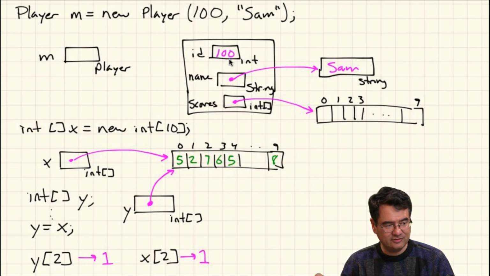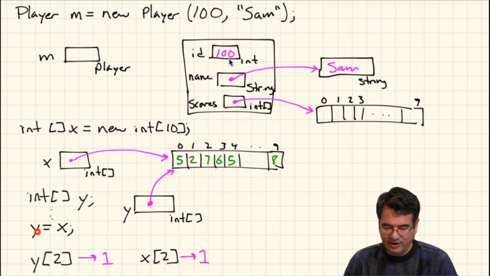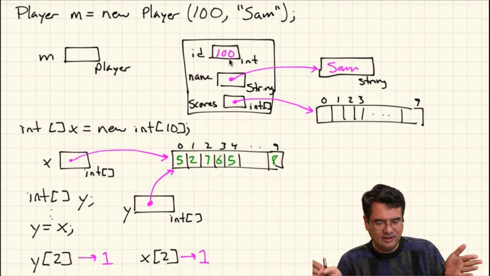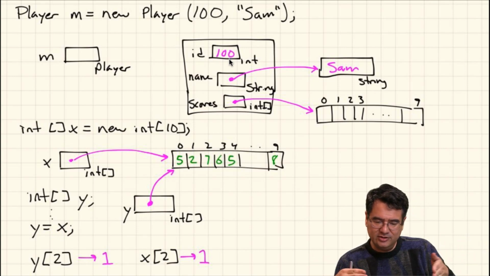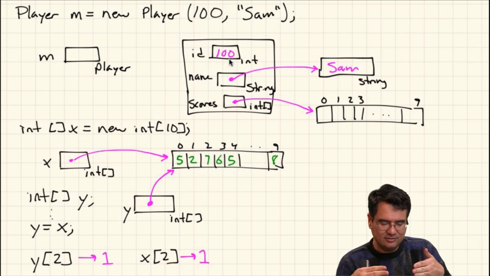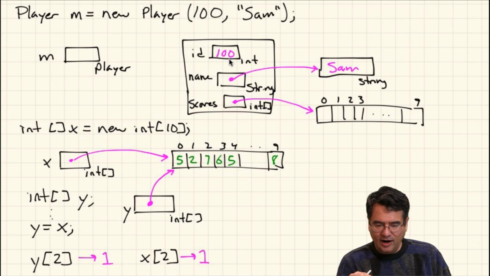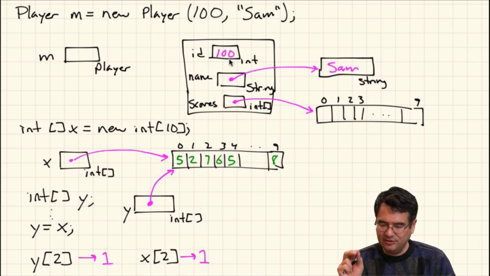Okay, so this is why this conceptual model is important, because this statement here, y equals x, is not making a copy of the array and then they exist independently. It's making them both point to the same array. In other words, and this is a technical computer science term, y and x are both aliases for the same array.